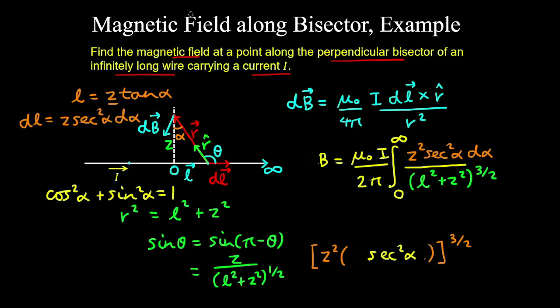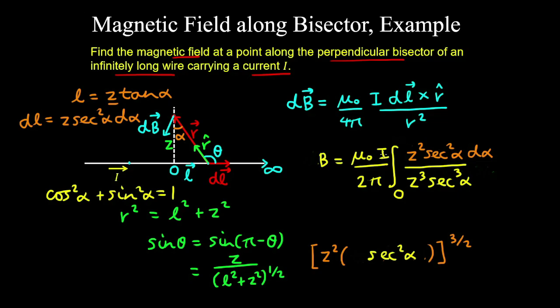So therefore, we replace this expression by Z squared to the 3 on 2, which is Z cubed, and sec squared alpha to the 3 on 2 is sec cubed alpha. And note that because we're integrating over alpha, we change the limits of integration.